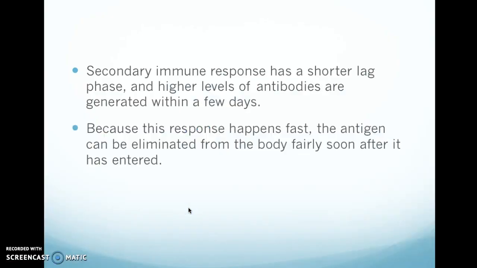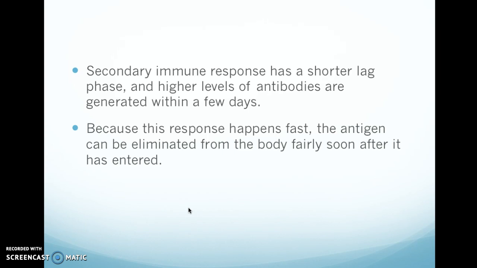So to go over this one more time, the primary immune response occurs when an antigen comes in contact with the immune system for the first time, and during that time the immune system has to learn to recognize the antigen and how to make antibodies against it and to eventually produce memory cells so that our bodies can recognize it again.